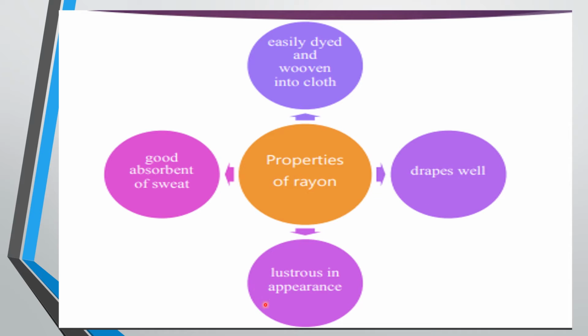Appearance wise, rayon has a very good shiny appearance, and hence we can also say it is lustrous in appearance. And rayon generally provides very little warmth, and it creases easily and needs ironing. That is one thing which we have to take care of.